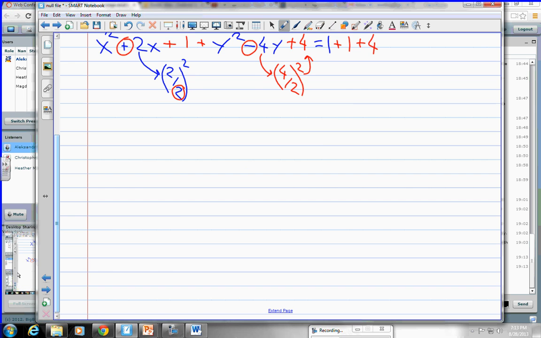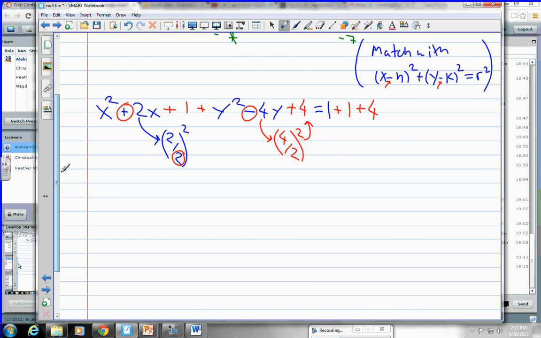Well, now I'm going to try to do some factoring. We kind of know that x squared plus 2x plus 1 is a perfect square, right? What is it? What goes on the inside? X plus 1, right?